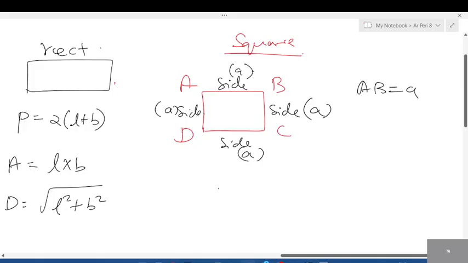Perimeter is nothing but the outer boundary. The formula for perimeter is the sum of all four sides: AB plus BC plus CD plus DA. How many sides are there? Four sides. Side plus side. So what's the formula, students?